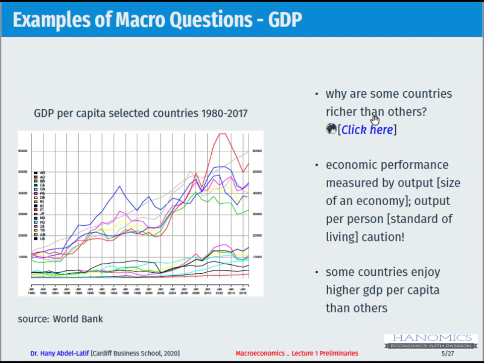So this just zooms in on some countries. You don't need to worry about which countries are which, because these are just short codes for these countries. It's very difficult to recognize because I've put so many countries on the graph. But the message I want to show you here is that, again, some countries are richer than others.